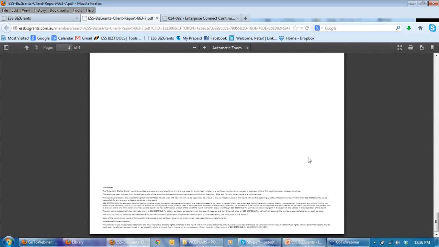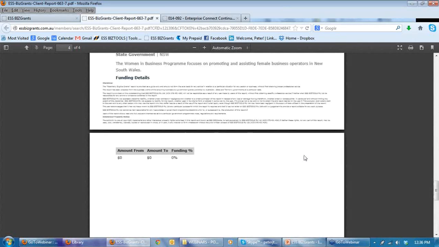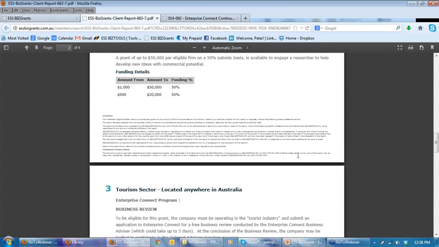So just to go back to the beginning of that. That's how the system works. You input the data, the system then goes through and does an initial sort.